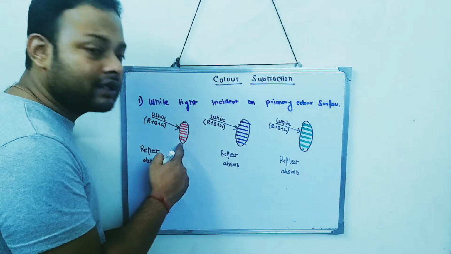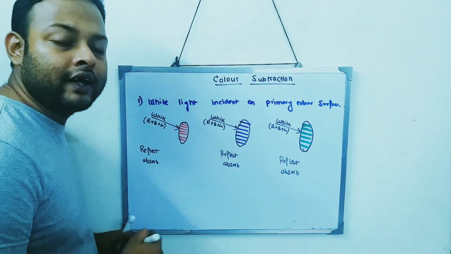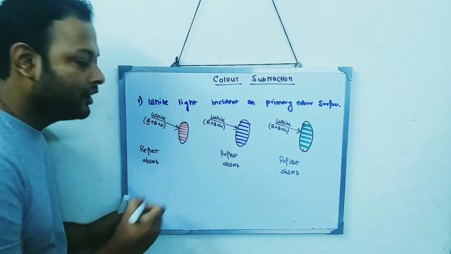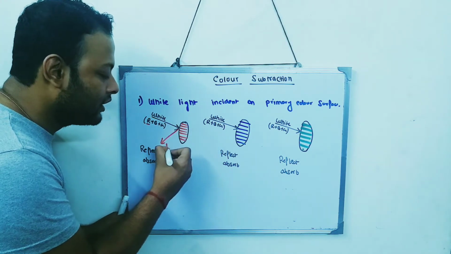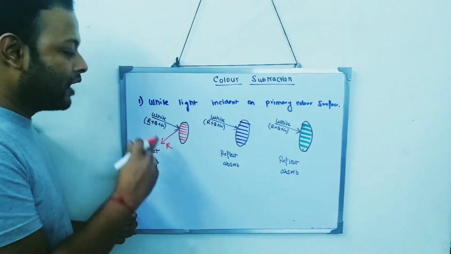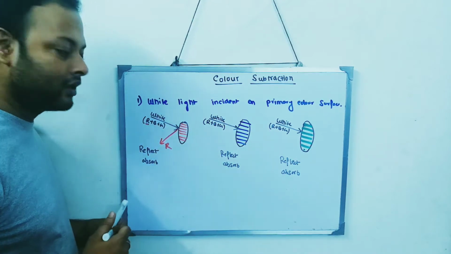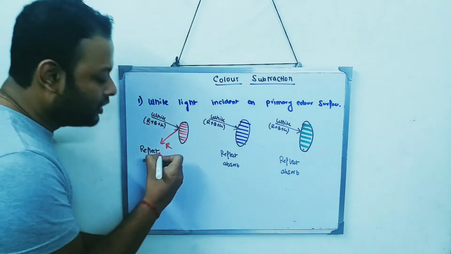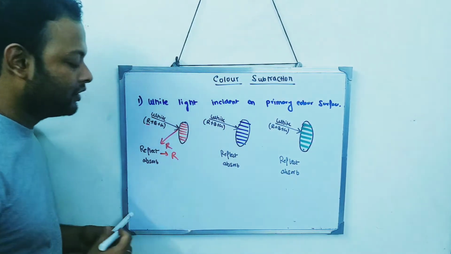So a red surface will only reflect the red color. Out of the red, blue and green, it will only reflect the red color and absorb the other two colors, blue and green. So which color will get reflected? The red color will get reflected.